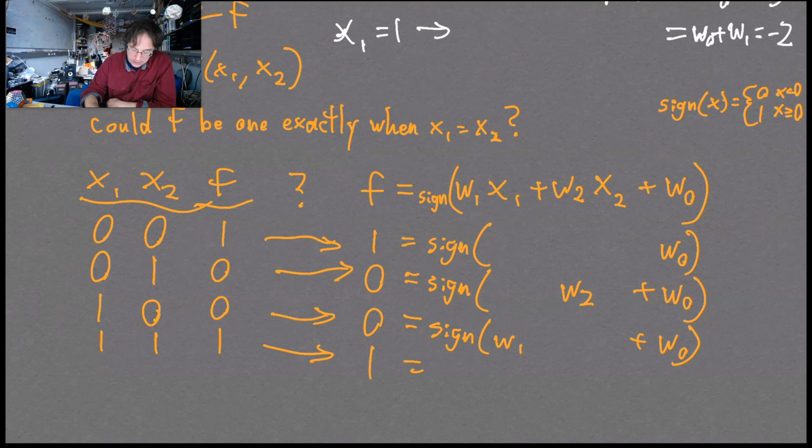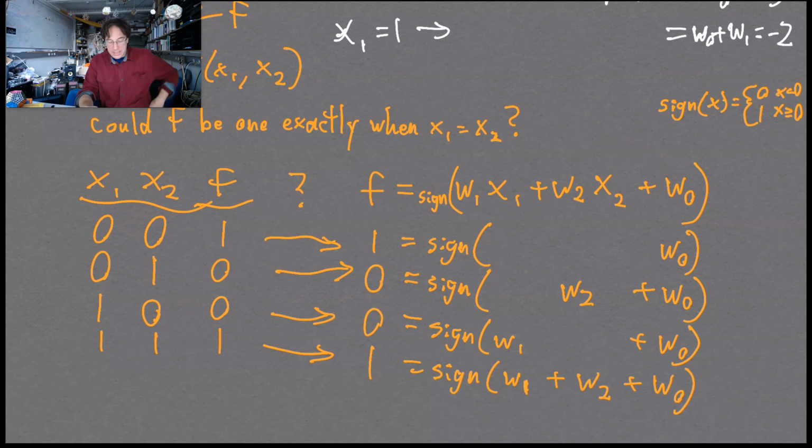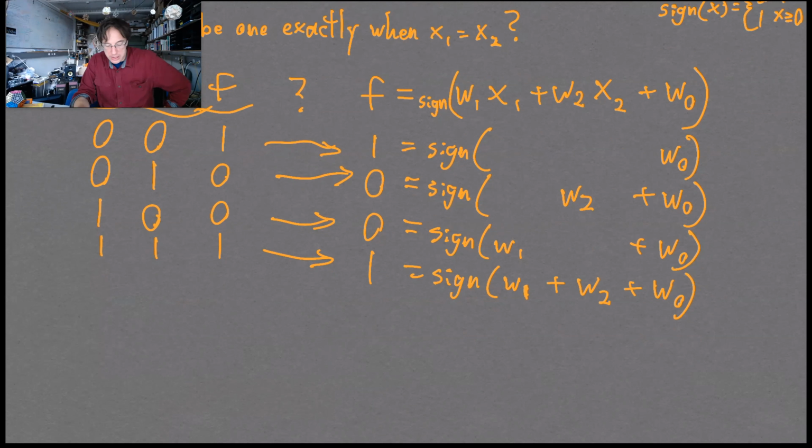And finally, the last one. Here, both x1 and x2 are 1, and so we get w1 plus w2 plus w0. Maybe I should put the w0 in the front, but it doesn't matter. Okay, so we have these 4 equations, and we want to know, is there some solution?